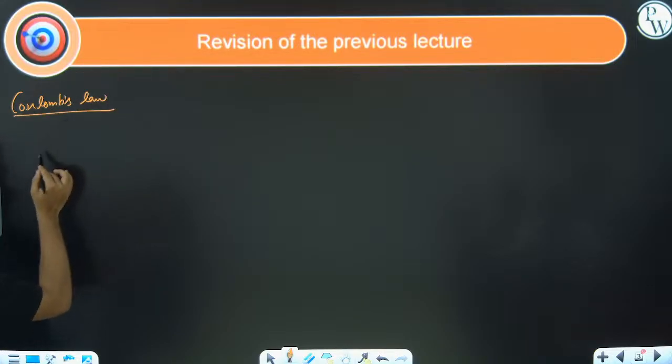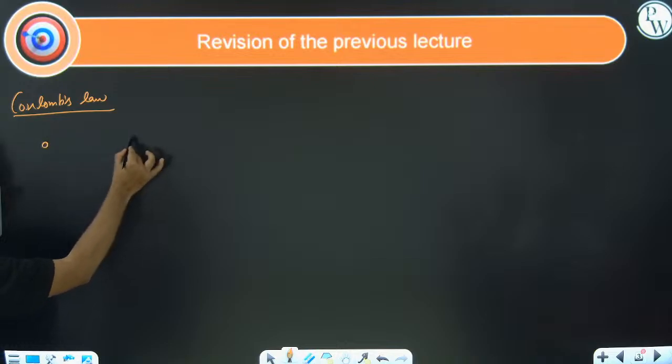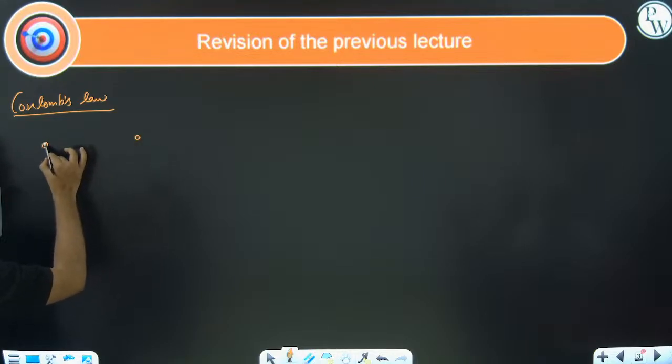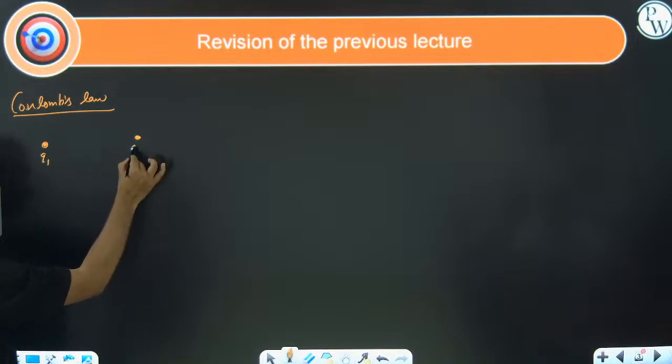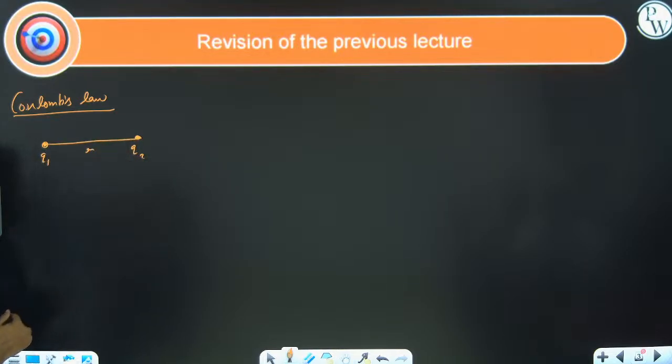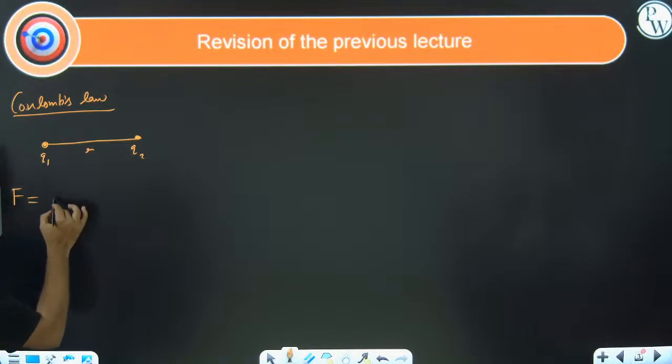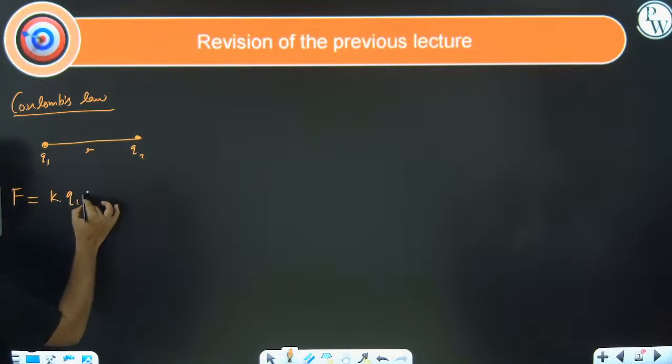Coulomb's law states that the force between 2 point charges, Q1 and Q2, with separation R between them, is equal to K Q1 Q2 upon R square.